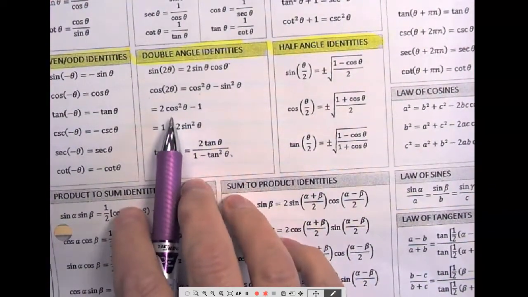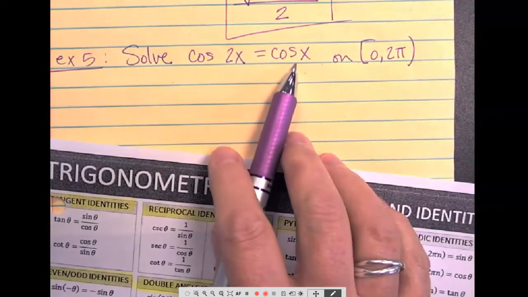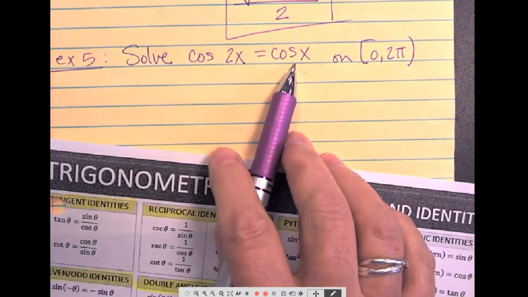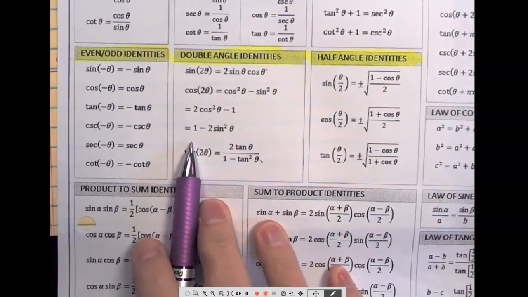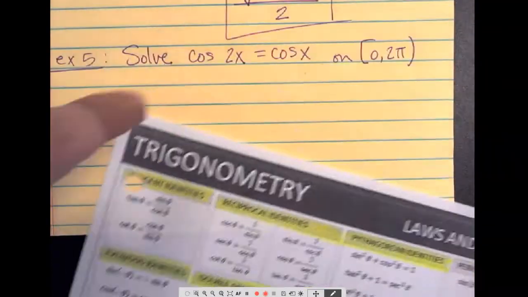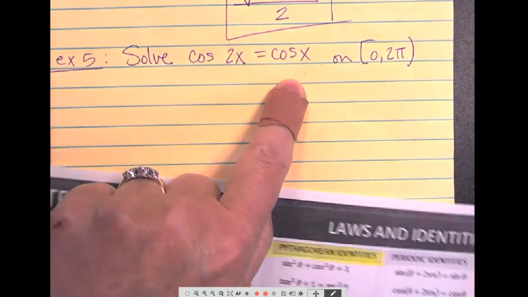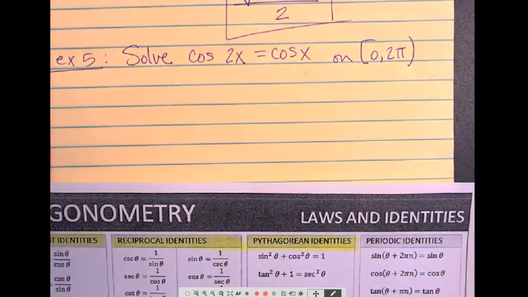If I use the middle one, I will have 2 cosine squared, a 1, and a cosine. If I use the bottom one, that one is my least favorite because I have sine squared and cosine. Any idea which is best? The middle, because it will only have cosines.